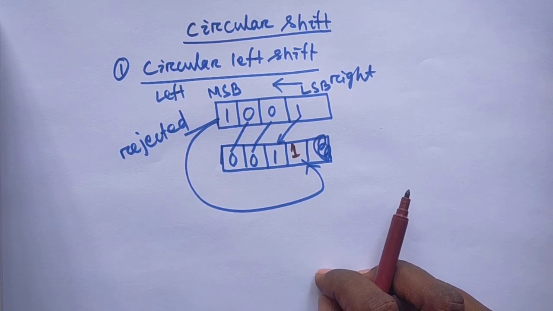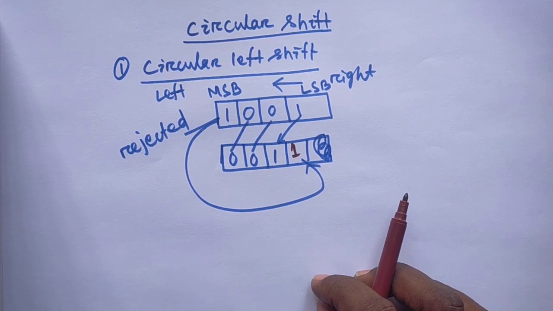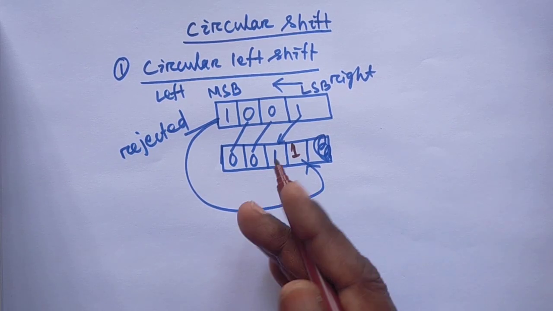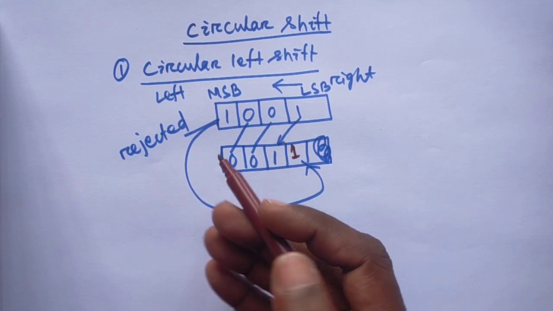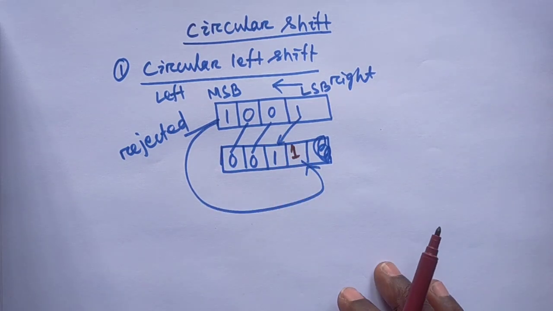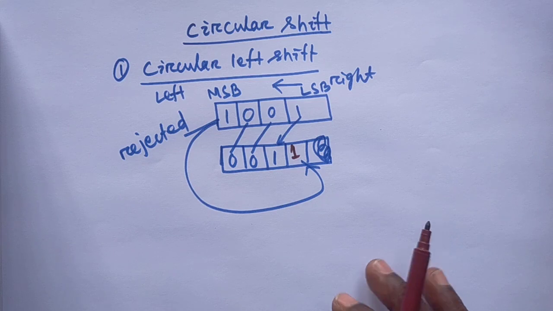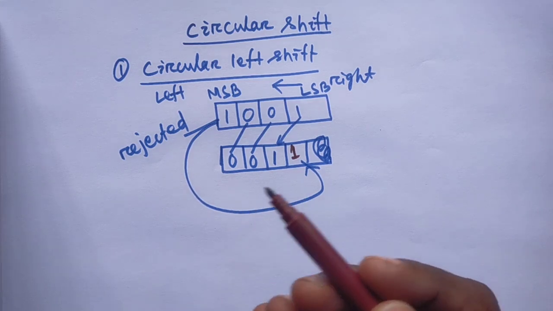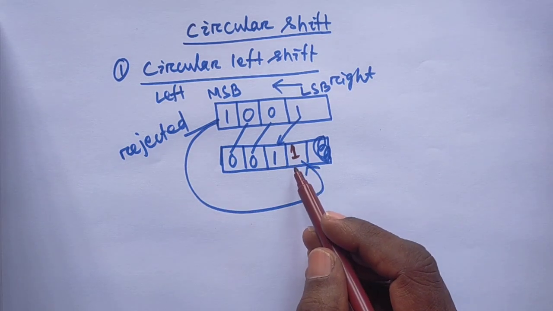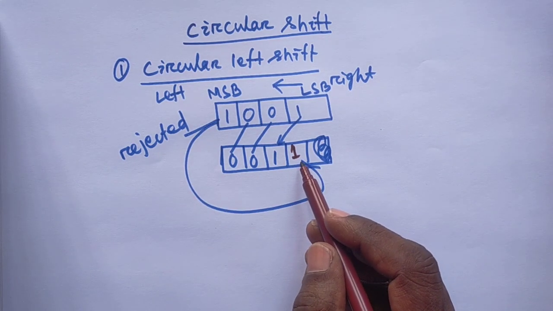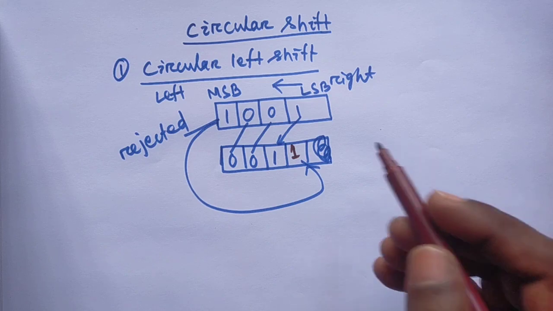This is the basic concept of circular left shift. Suppose 4-bit data is shifted as in the logical shift operation, but whenever we discard or reject a bit, that data is added again into the empty space in the LSB.